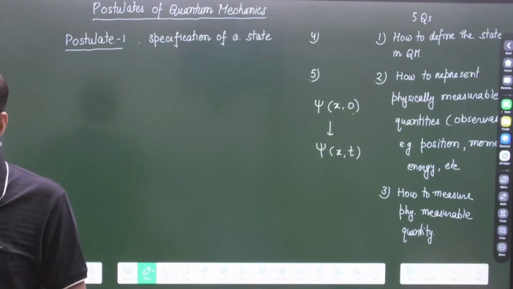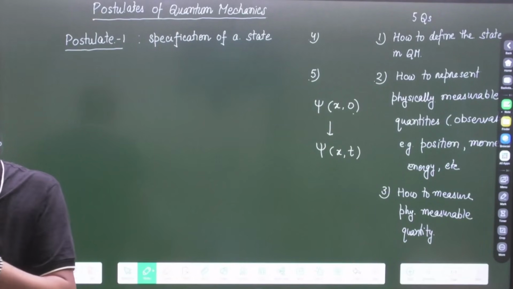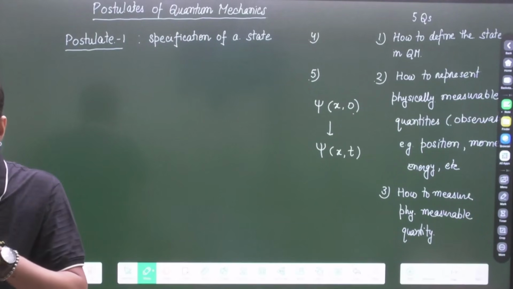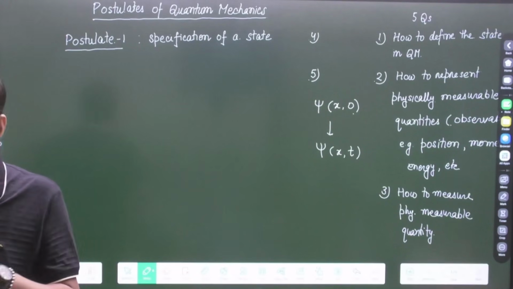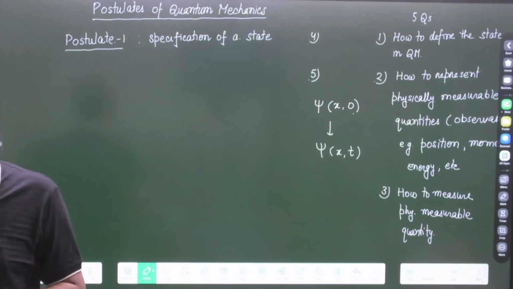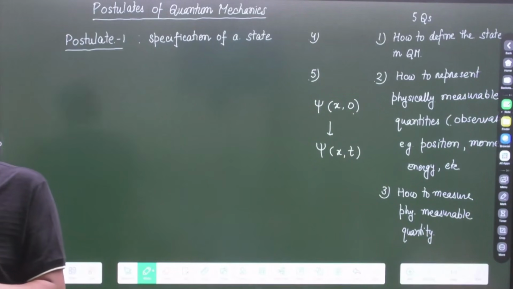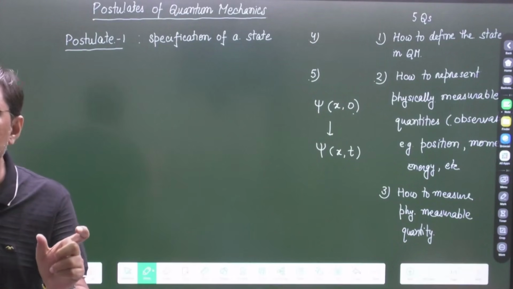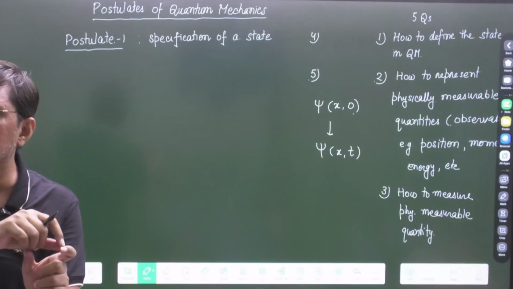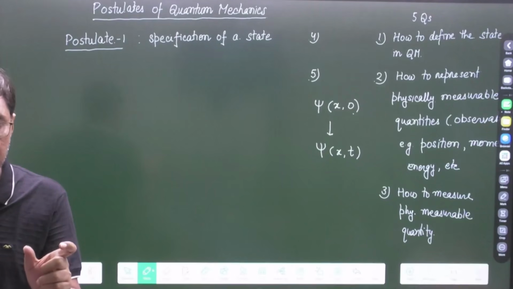But in a quantum mechanical system, at the microscopic level, particles are very small and there is uncertainty. You cannot measure the position with 100% accuracy, and at the same time you cannot measure the momentum with 100% accuracy. If you try to improve the accuracy in the measurement of position, then the uncertainty in momentum is going to increase, and vice versa.